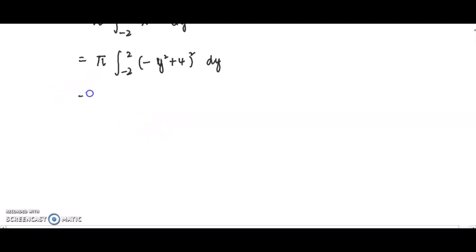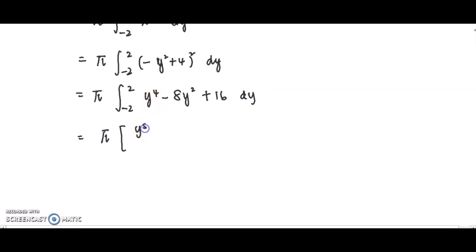Now to integrate this, we need to actually expand first. Expand this, you have y power of 4 minus 8y squared plus 16. So once you have expanded, you can actually integrate. Integrate y power of 4, you get y power of 5 over 5 minus 8y cubed over 3 plus 16y.